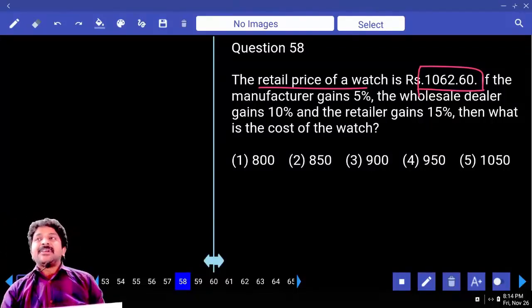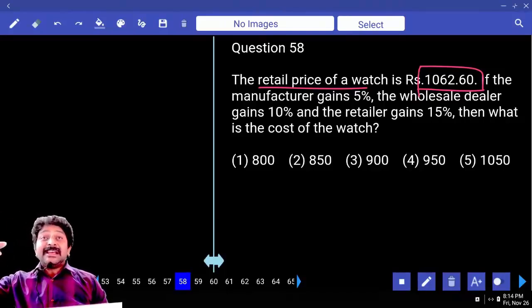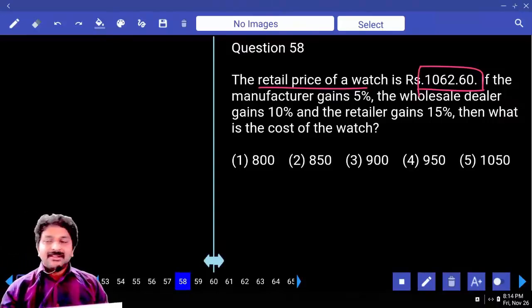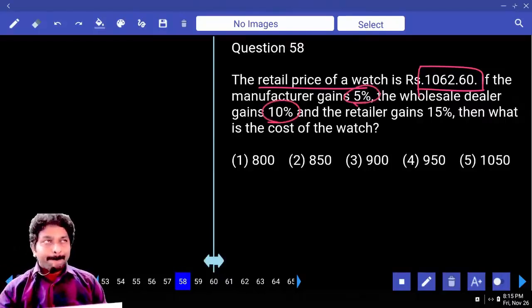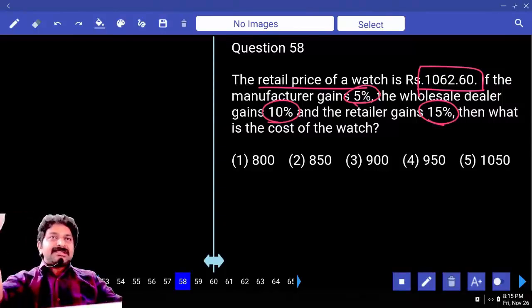So how many stages were already completed? Every time we will increase the value on increased number only. Am I right? So let me consider percentage directly. 5 plus 10, 15 plus 15. So 30% increase is there.